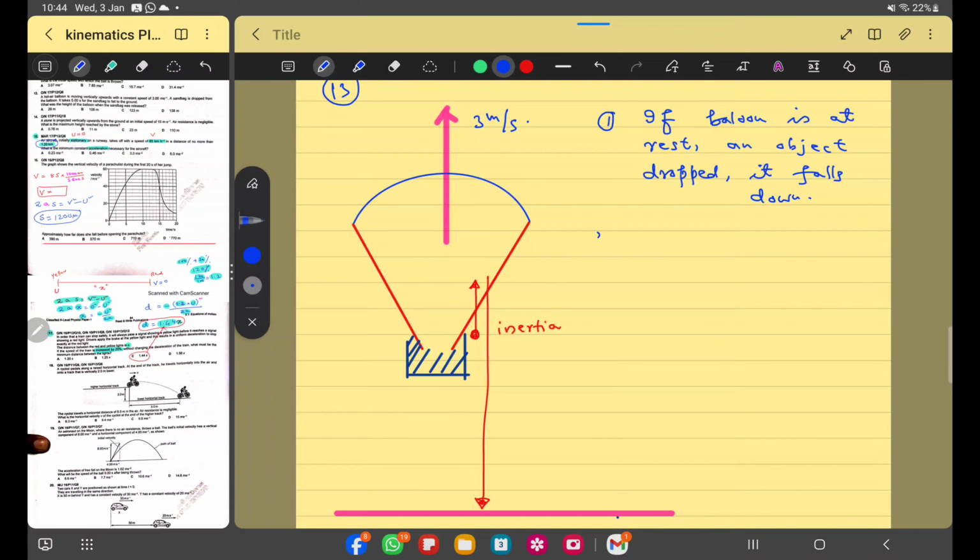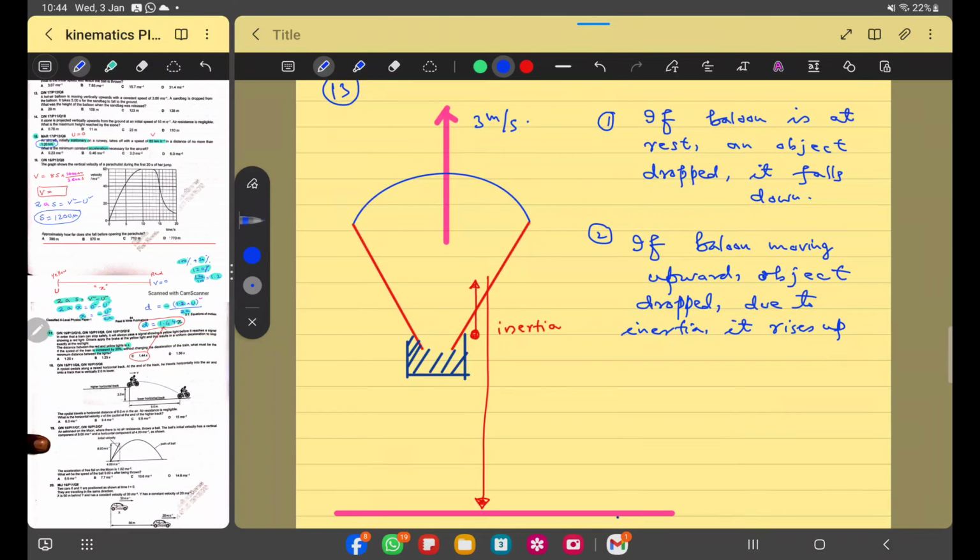If the balloon is moving upward and an object is dropped, due to inertia, it rises up, then falls down. It is the main confusion.